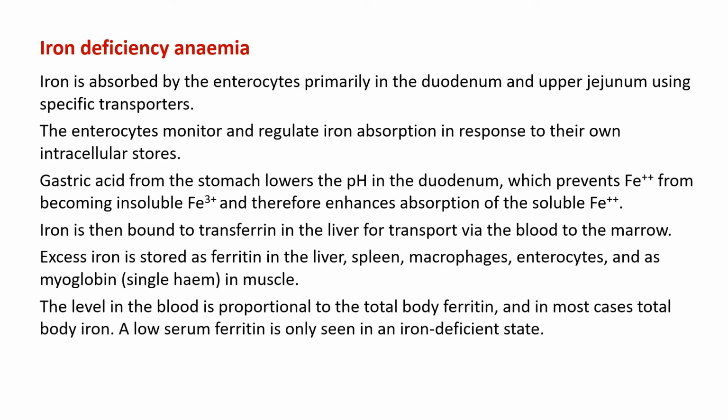The level in the blood is usually proportional to the total body ferritin. So those stores of iron indicate what the levels are in the circulation, and in most cases, this indicates total body iron. A low serum ferritin is only seen in an iron deficient state.